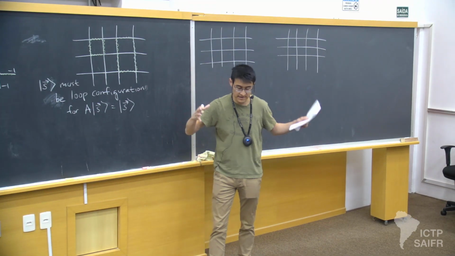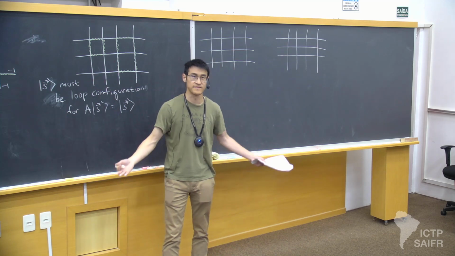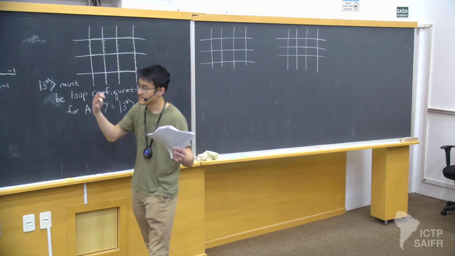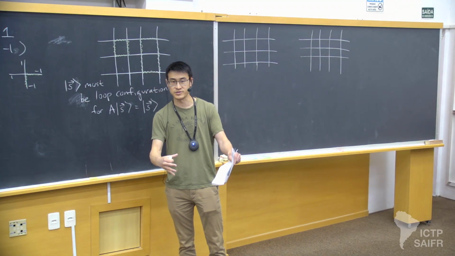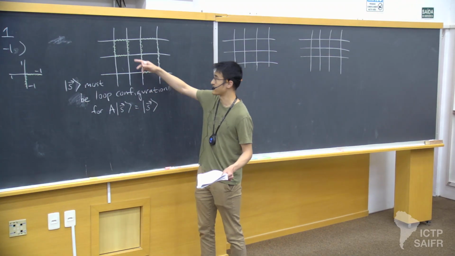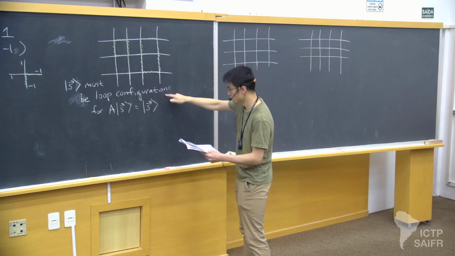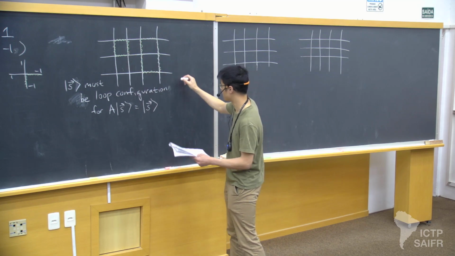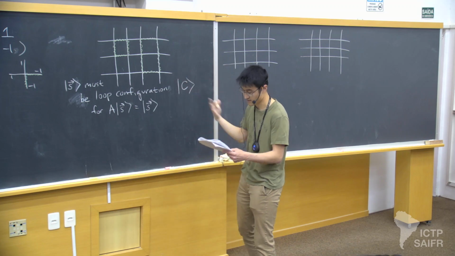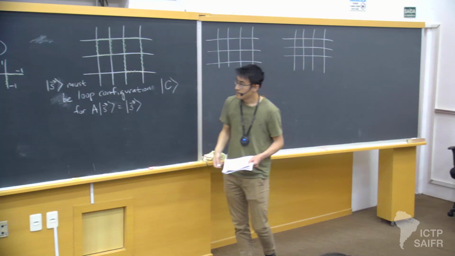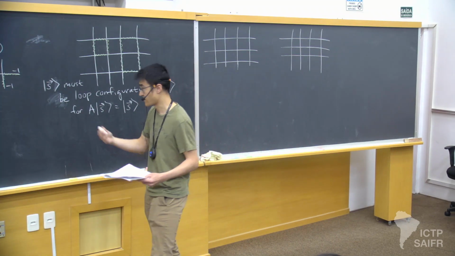Okay, so now we've narrowed down our Hilbert space. Before, we started out with the Hilbert space of all possible spin configurations, and to satisfy all the A's being 1, now we're only focusing on loop configurations, right? States with loops of -1s. So let's call these loop configurations, and I'll denote them by a ket C for configuration. So we've learned a little bit more structure for the ground state.